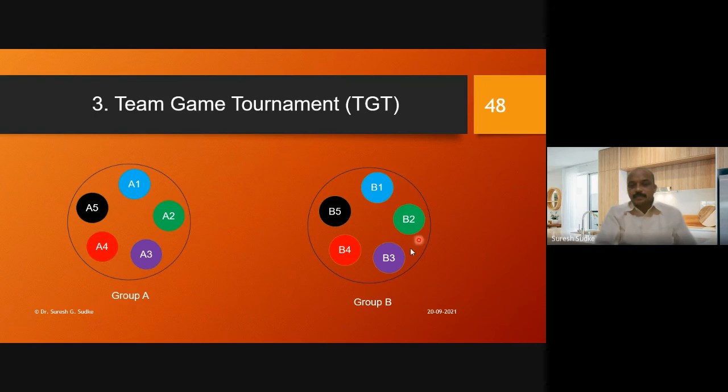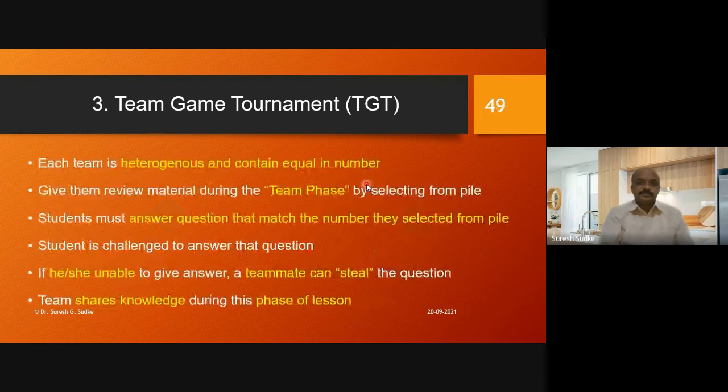And the second group is called group B, and there again we number them B1, B2, B3. So again it is a heterogeneous group. Heterogeneous group means these students have different skills, different learning abilities, and different academic levels. So each team is divided into heterogeneous groups, and every group contains an equal number of students.